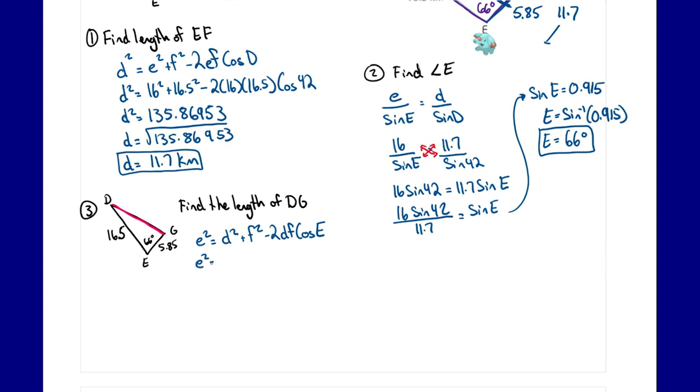So E squared is going to equal 5.85 squared plus 16.5 squared minus 2 times 5.85 times 16.5 times cosine 66.